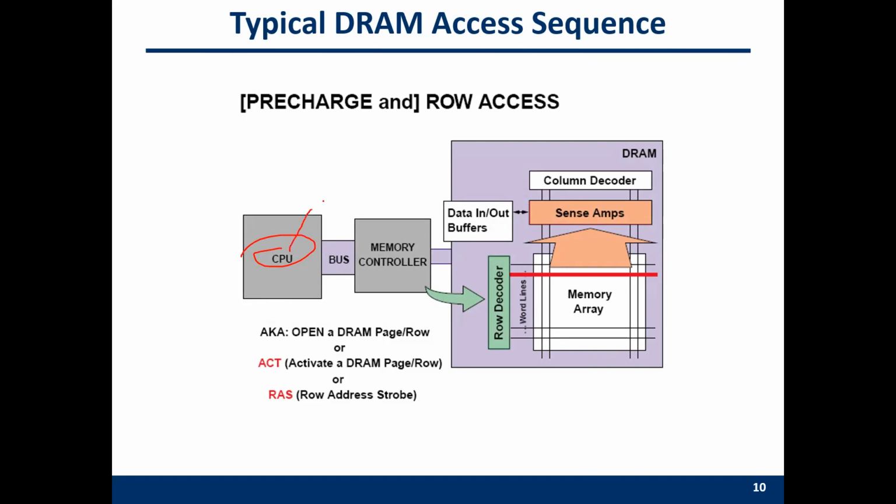The DRAM request will go to the memory controller. Nowadays, the memory controller is a part of your CPU chip. The memory controller can do some scheduling, can temporarily store this request in some buffer. Eventually, it will issue this request to the DRAM.